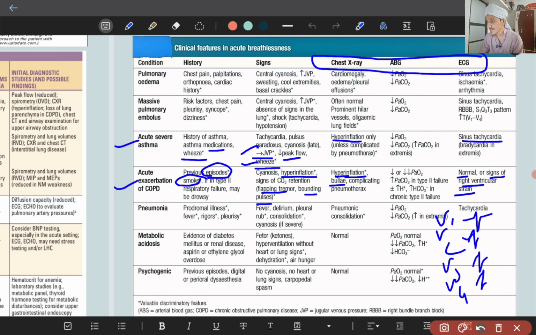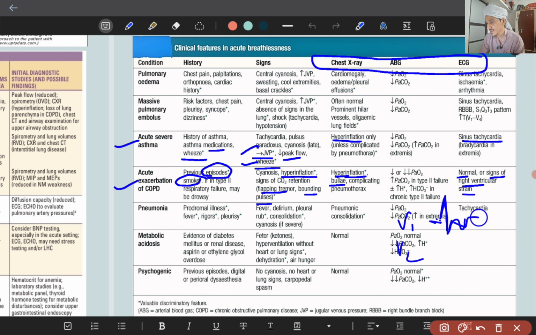But when there is a right ventricular strain pattern, particularly in the case of heart failure due to a pulmonary cause, you will see in V1 and V2 particularly, the R wave amplitude more than the S wave, along with an inverted T wave.